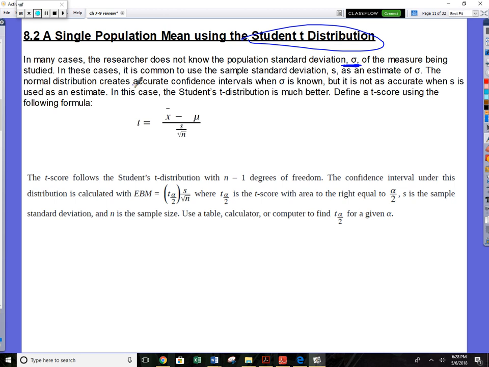The normal distribution creates accurate confidence intervals when sigma is known, but if you just substitute the sample standard deviation for sigma, it's not that accurate. So this Irish guy came up with using a t-test, and once again our calculator is going to do all of this. I don't think we're going to need to know this.